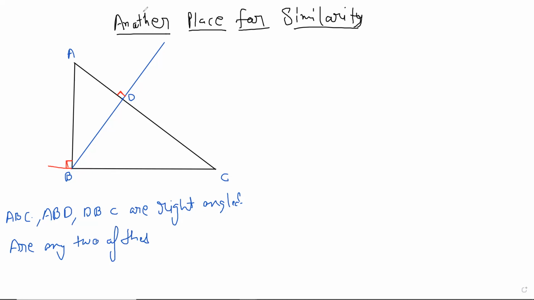It might be a little abstract for some people. ABD and BDC are similar triangles. Let's see, are any of these two similar? Yeah, that seems correct, but let me just check it.